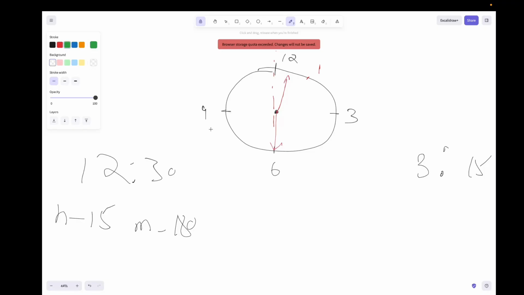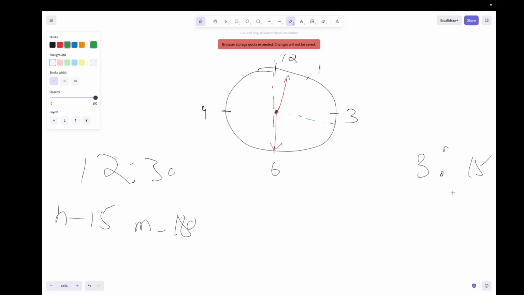And then I do it in green for this one, 3:15. For a 15 degree change, the hour hand would go maybe right here. But the minute hand has to stay at 3.